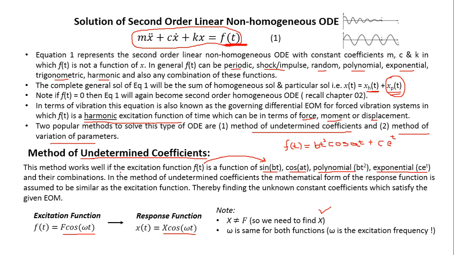This is known as the method of undetermined coefficients. So simply we can say that by using the concept of undetermined coefficients, the mathematical form of the response function will be similar to the mathematical form of the excitation function. It will be similar but not the same.